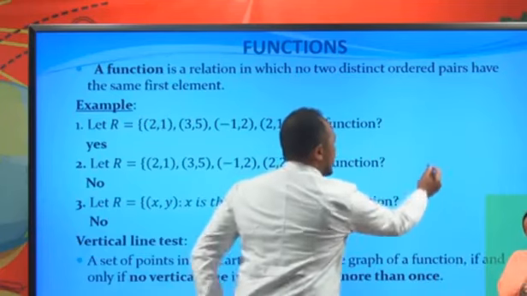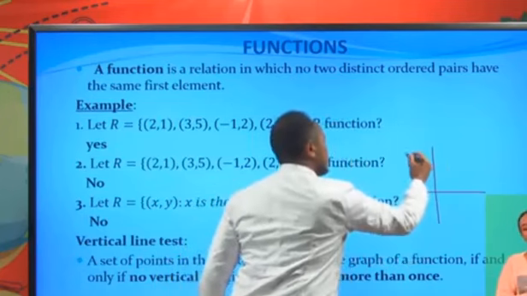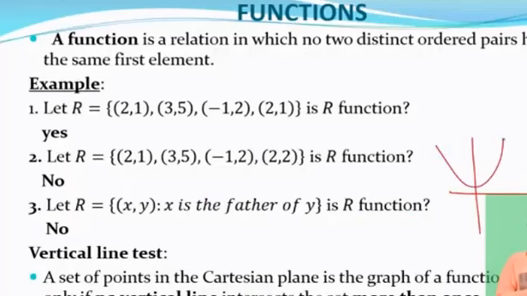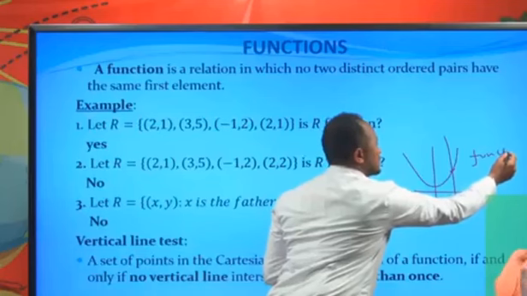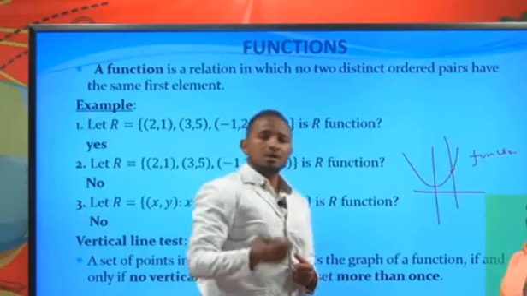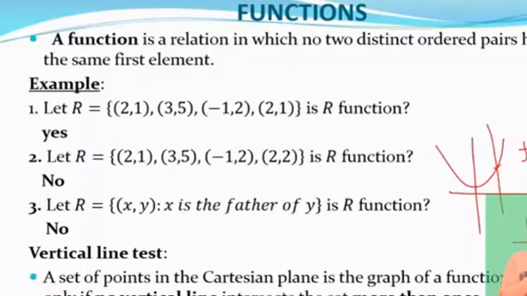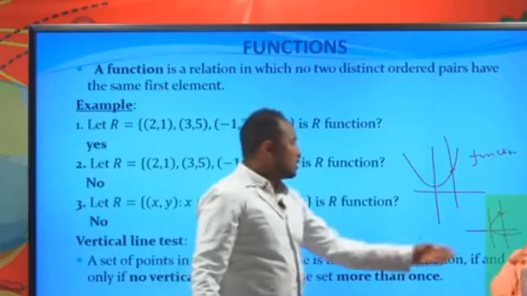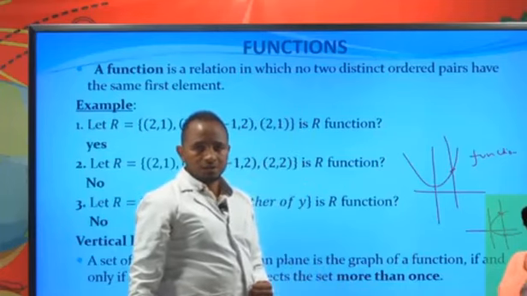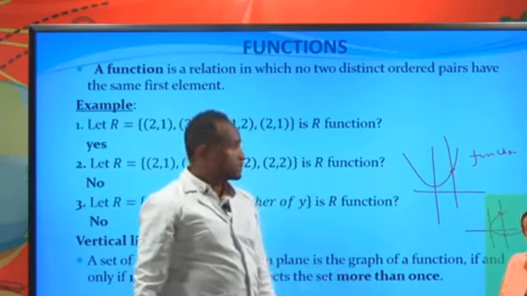For example, if you have this graph, and you take any vertical line crossing it, this is a function, since any vertical line crosses this graph exactly once. But if you take this graph, and you draw a vertical line, it crosses more than once. So this will not be a function. So this is how we use the vertical line test.